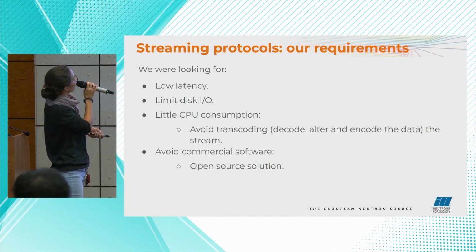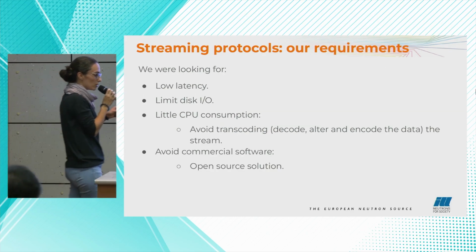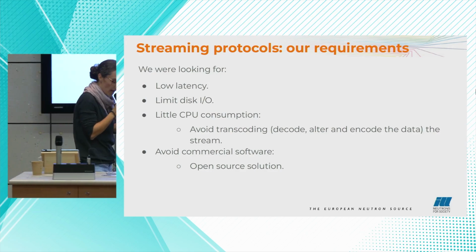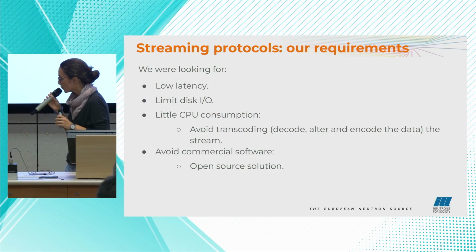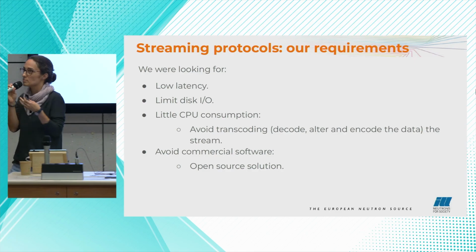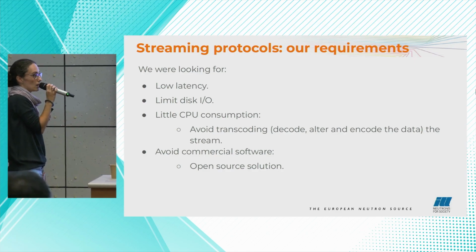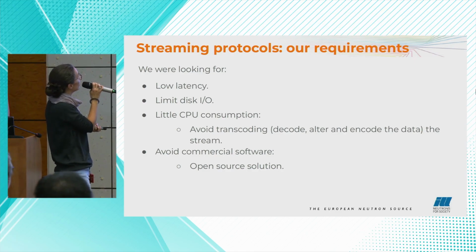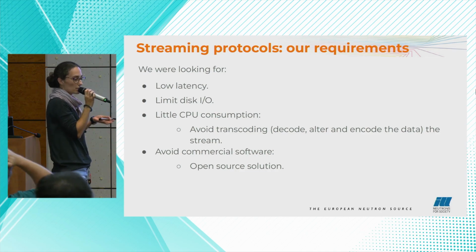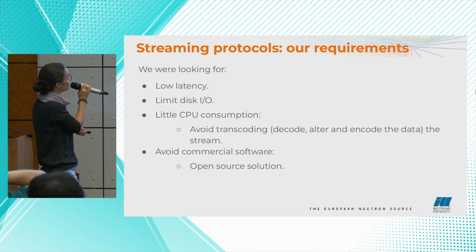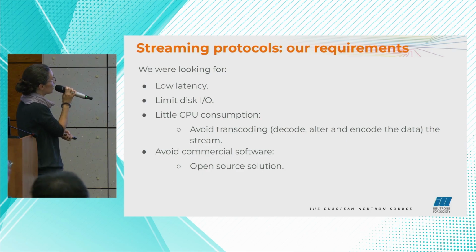Before talking about the possible solutions to our problem, we needed to see what criteria would allow us to choose the best solution. We are looking for low latency; as I said, we want a real-time display of the data as much as possible. We will try to limit disk writing and reading.